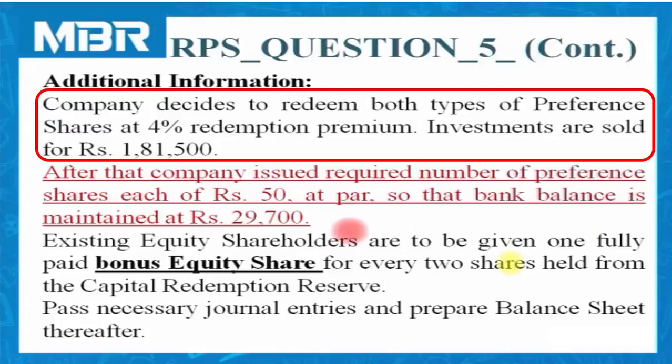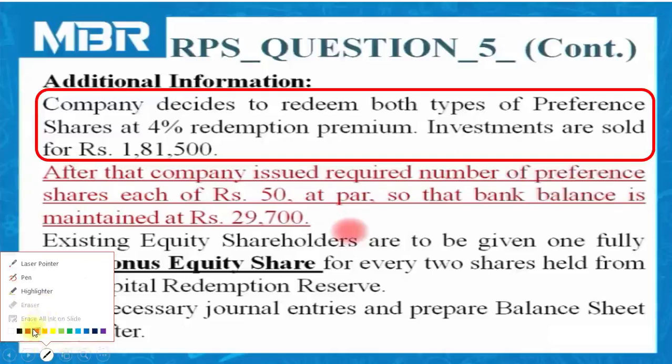Investments are sold for rupees 1,81,500. This information is clearly given over here. Now, second paragraph, which is the most important for us because our calculation is based on that paragraph. After that, company issued a required number of preference shares, each of rupees 50 at par. At par means at face value, so that bank balance is maintained at rupees 29,700.